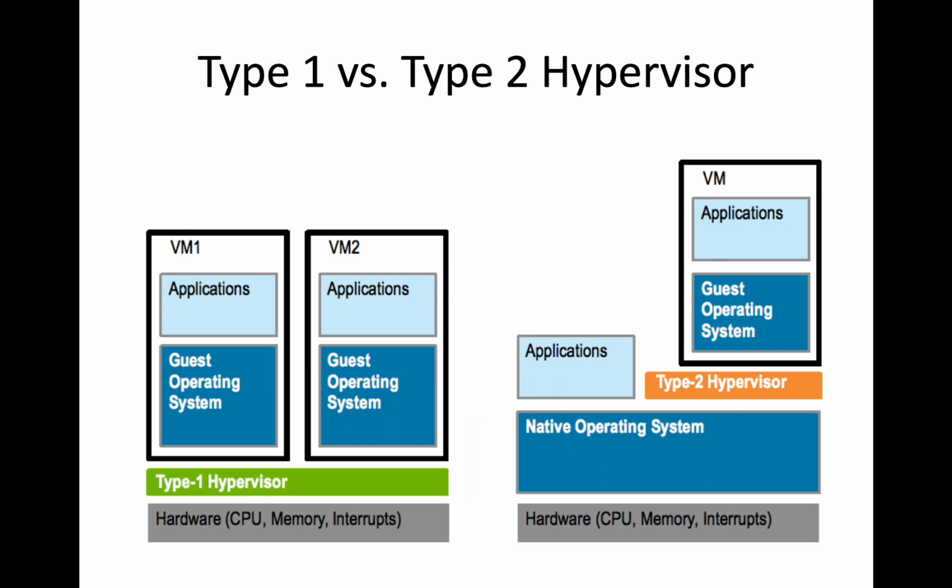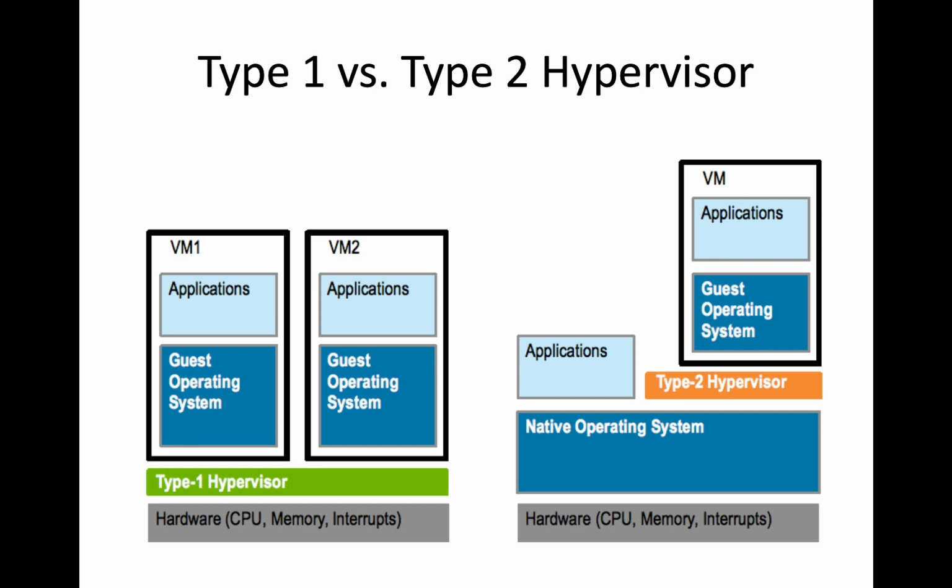Type 2 hypervisors are just like ordinary software applications in a way. They run on top of the native operating system. They can run alongside other applications. And then the type 2 hypervisors allow you to create virtual machines that are running on top of the hypervisor and also running on top of the native operating system.